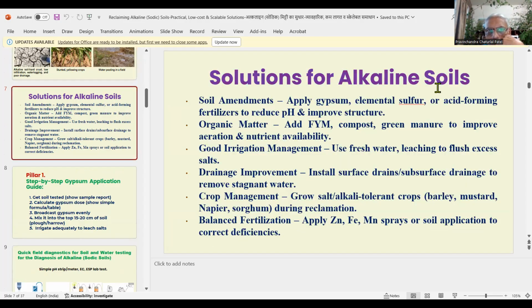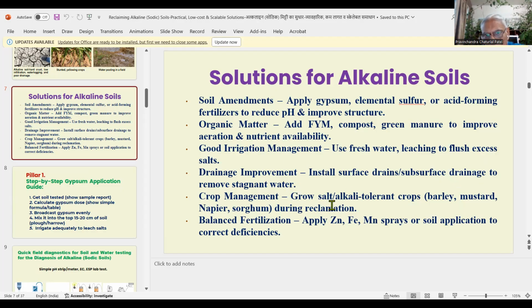The solution for alkaline soil: apply soil amendments like gypsum and elemental sulfur to reduce pH and improve structure. Add organic matter such as farmyard manure, compost, and green manure to improve aeration and nutrient availability. Use good irrigation management: fresh water and leaching to flush excess salt from the soil. Improve drainage by installing surface and subsurface drains to remove stagnant water.